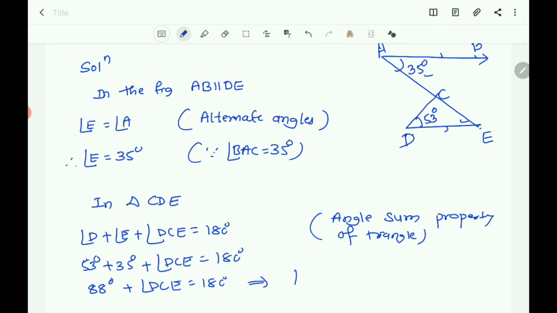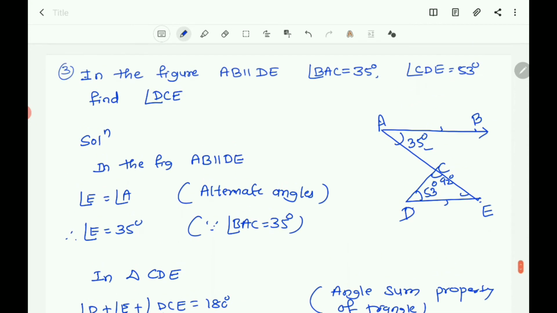That implies angle DCE is equal to 180 minus 88 degrees, that is 92 degrees. What is the measurement of the angle DCE? Angle DCE is 92 degrees. So you got the measurement of the angle they asked, that is angle DCE, which is equal to 92 degrees.